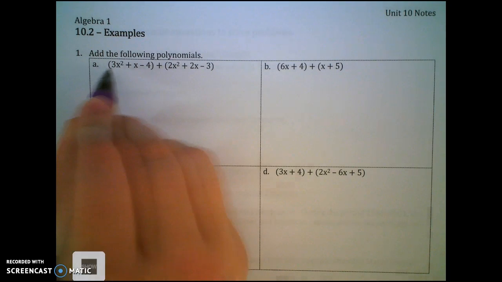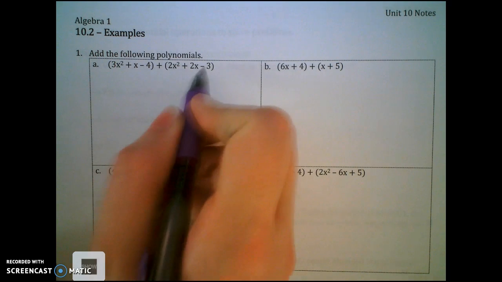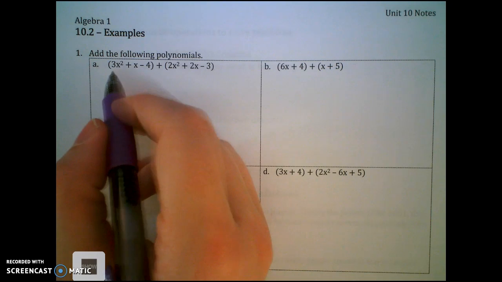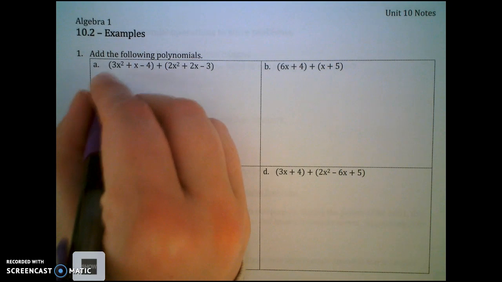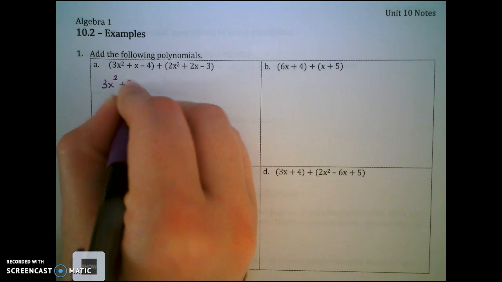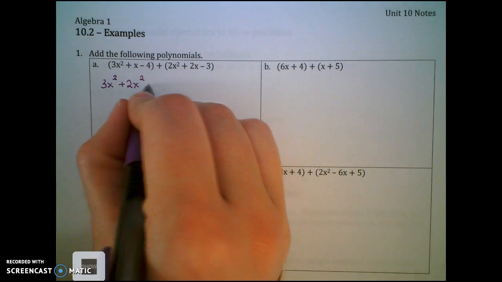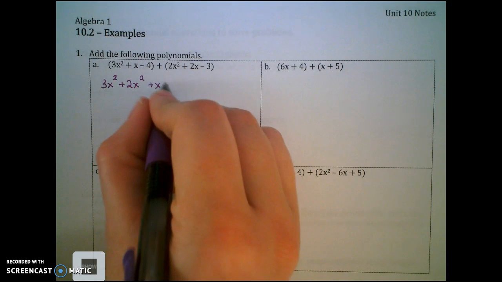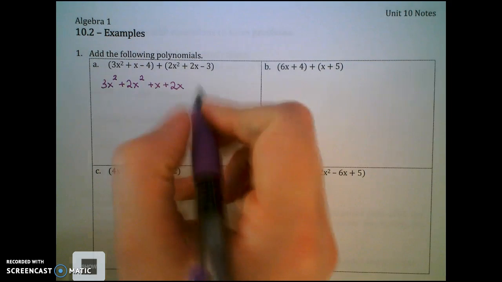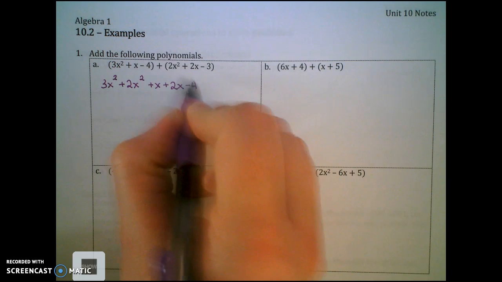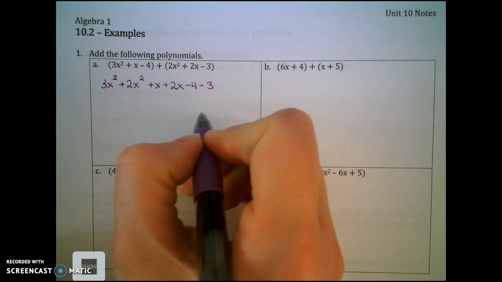First, I see I have an x squared and an x squared, and those are my highest terms, so I'll start with those. So I have 3x squared plus 2x squared. Then I'll put my x terms, plus x, plus 2x, and then my constant terms, -4 and -3.